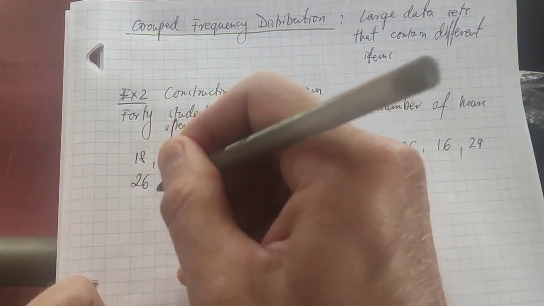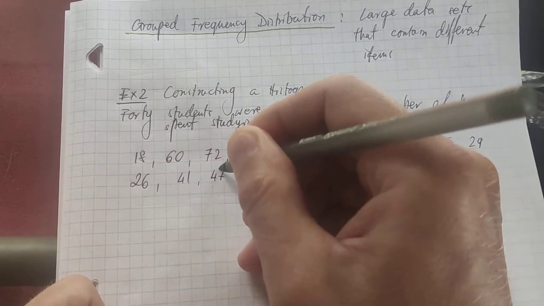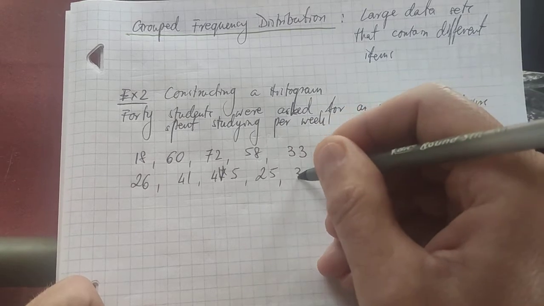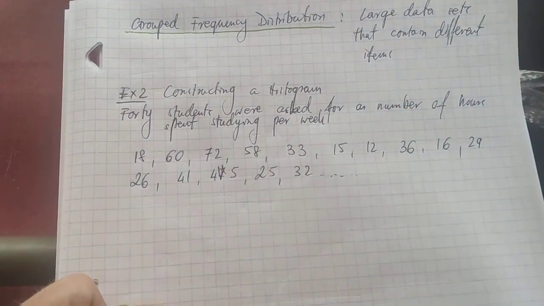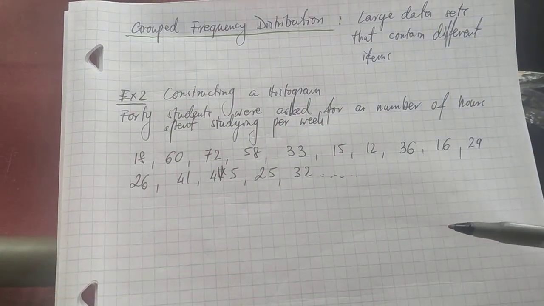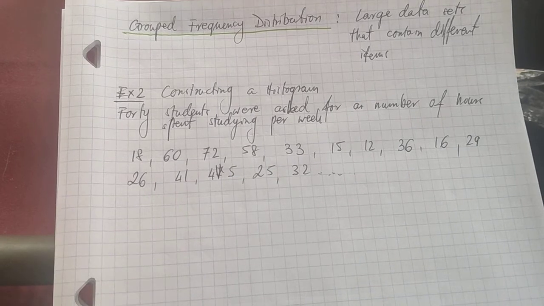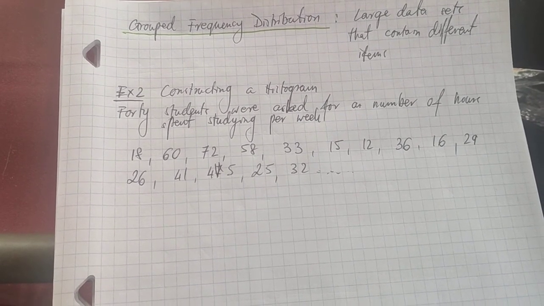Okay, so 26, 41, 45, 45, 25, and 32. Right, so this keeps going, right? There was 40 students, so we would have 40 data points, but I'm just not going to write it. Anyway, I'll record the next lecture and I'll post them.